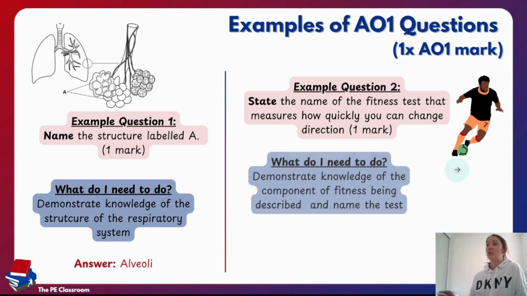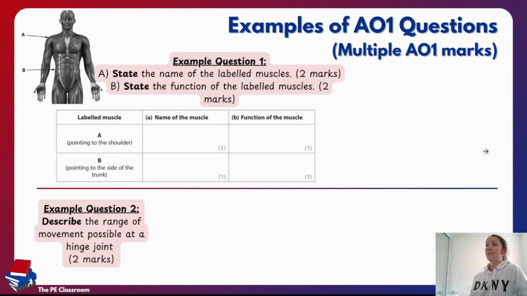So it's wanting you to recognise which component of fitness suits the agility test, and you obviously need to be able to name it. So they are simply just 1 mark questions that are just for AO1 questions.